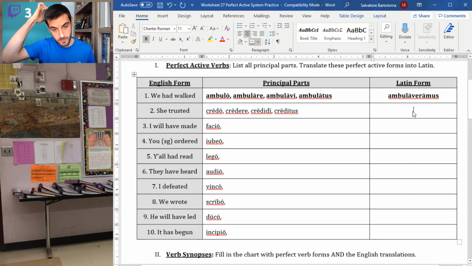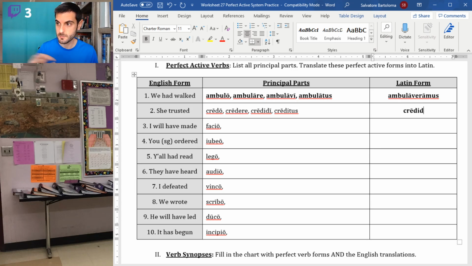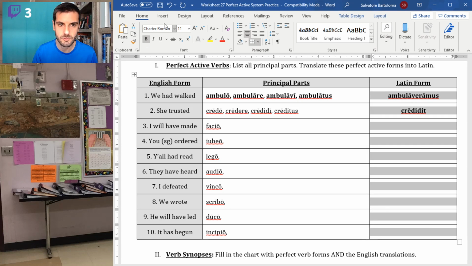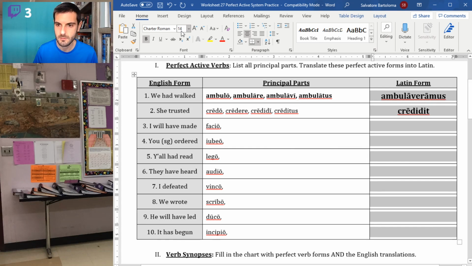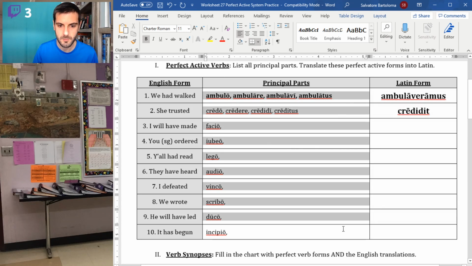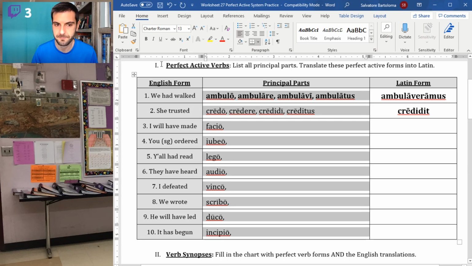So we go to the third principal part, credidi. We chop off the last I there, so we get credid. She trusted, perfect tense, nothing fancy. Credidit.